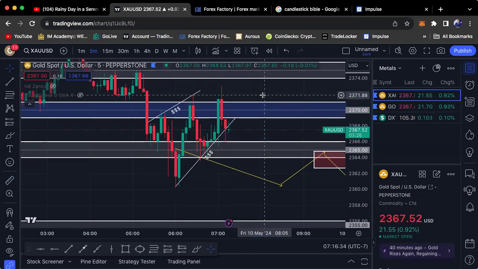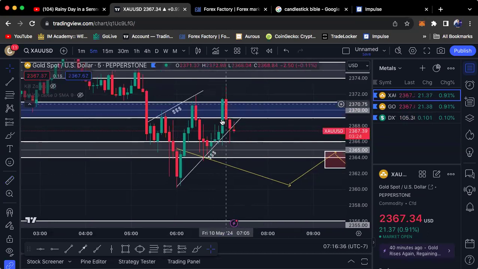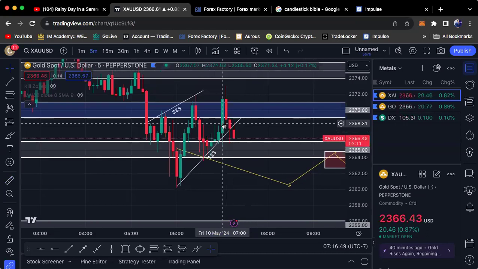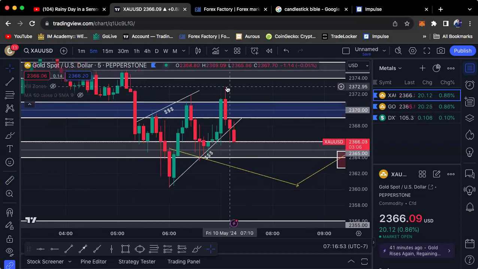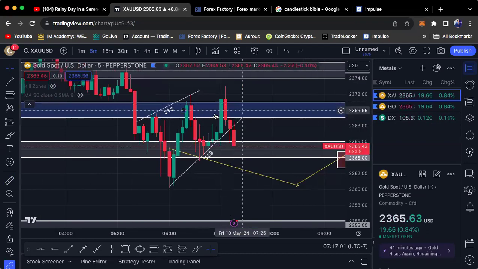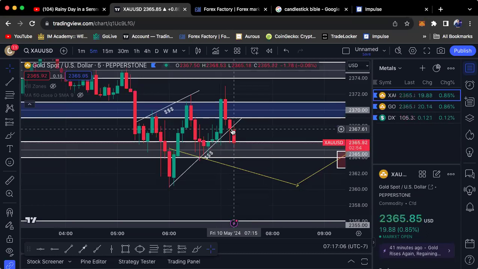With a 50-pip move, this is more of a scalp move, right? This news event resulted in only 50 pips. But now look how sellers are pushing price down. You see why it's so important to wait after news? Okay.